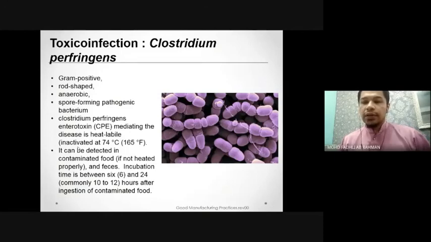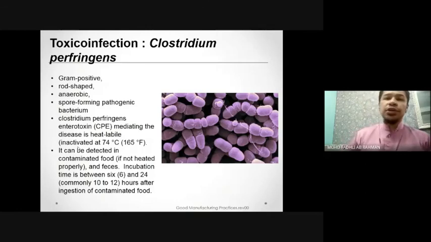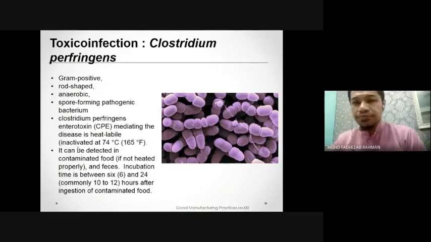Okay, the second type of bacteria which uses the toxico-infection mode is Clostridium perfringens. So this bacteria is gram-positive. It is rod-shaped, anaerobic. It is a spore-forming pathogenic bacteria.